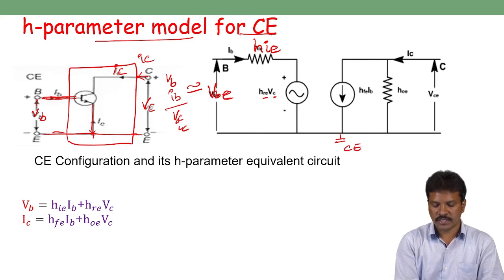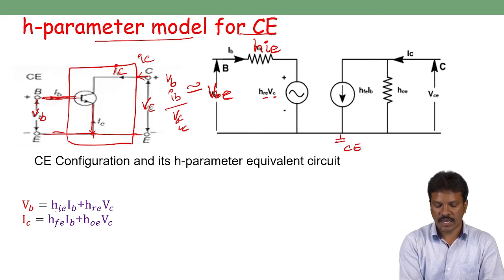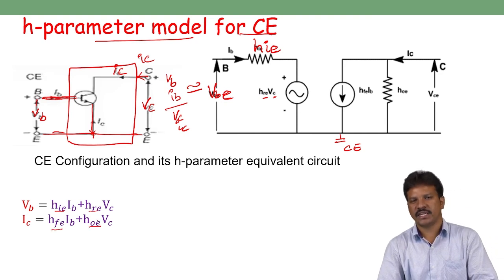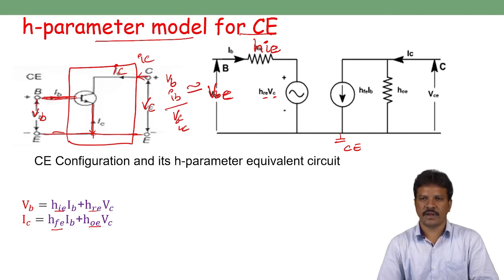So here the notation is HIE, input impedance, with extra suffix small e, HRE, HFE, HOE. That extra suffix E represents the common emitter configuration H parameters.